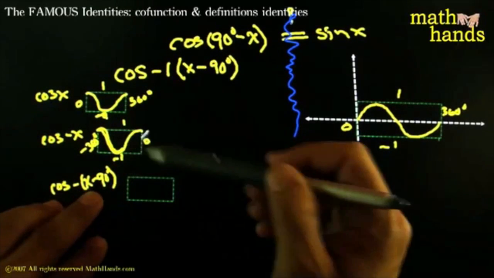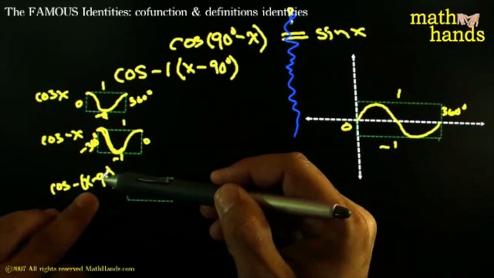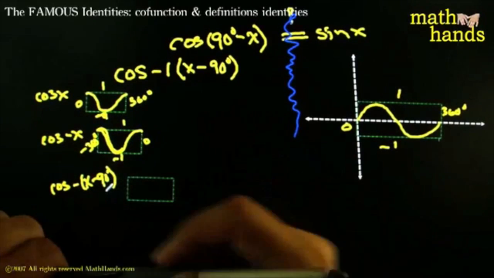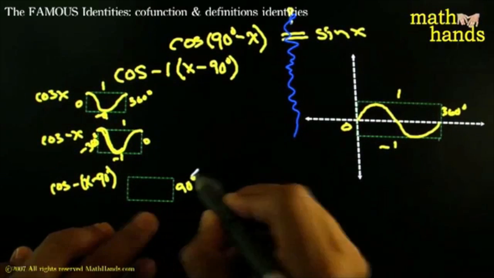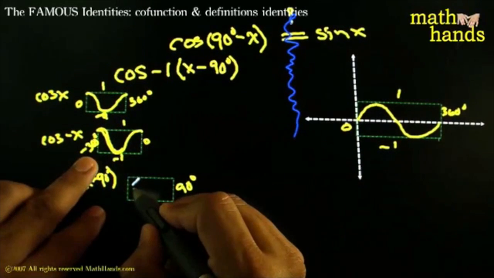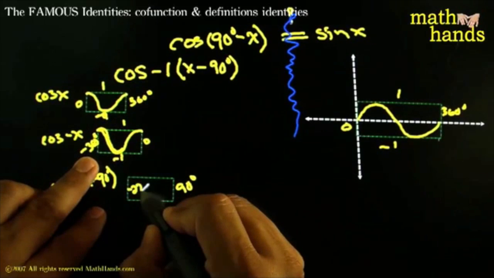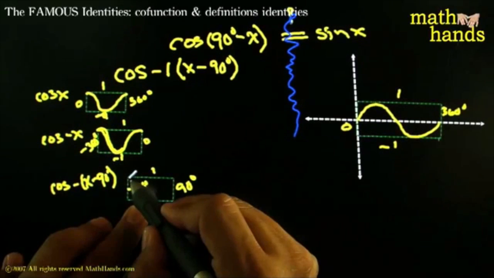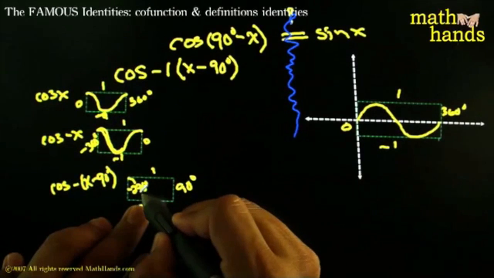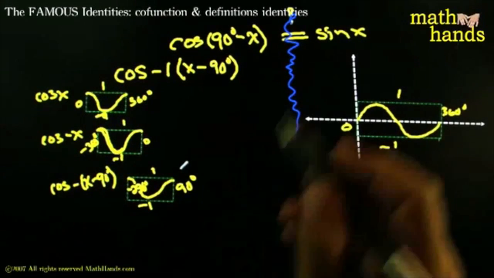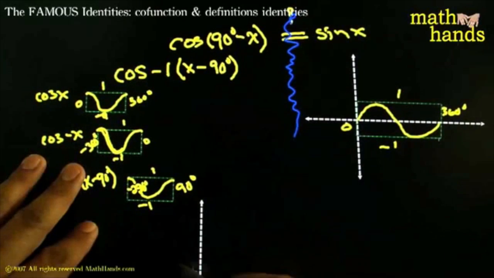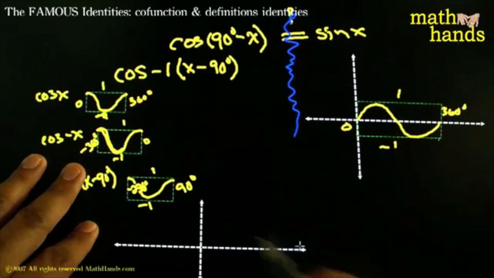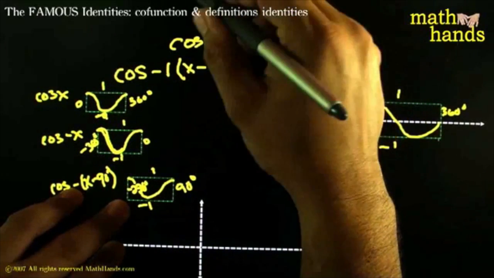Alright, and then I got to shift from here to here. It's a shift which way? Shift to the right 90 degrees. So this would be positive 90 degrees. This would be negative 360 plus 90, which is negative 270 degrees. This would be negative 1 to 1. And there's my final box with, of course, the graph looking the same. So I take my axis here, and I'm looking at my boundaries.